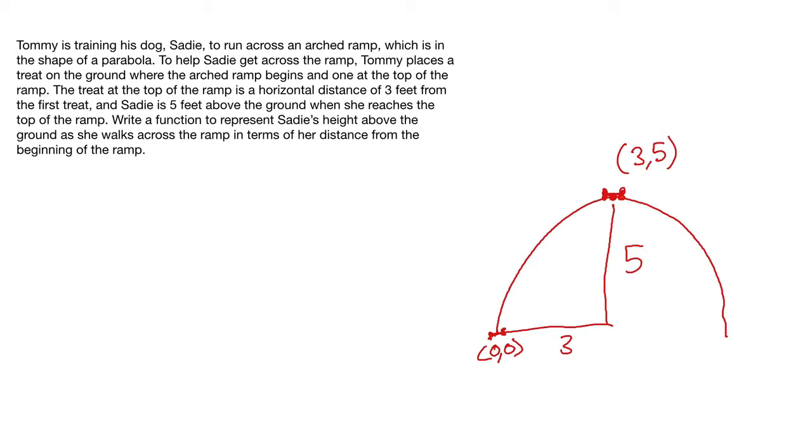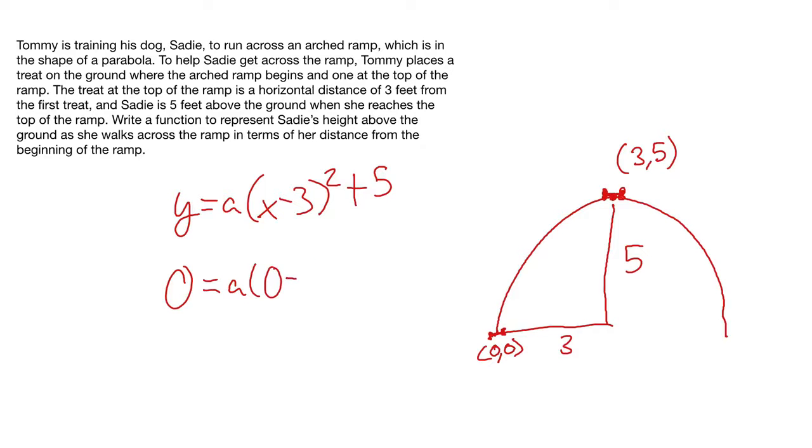So now all we have to do is place this into our formula like we've done before. So y equals a times (x minus 3) squared plus 5, as we know the vertex in 1 point. Then I just plug in my values. 0 equals a times (0 minus 3) squared plus 5.